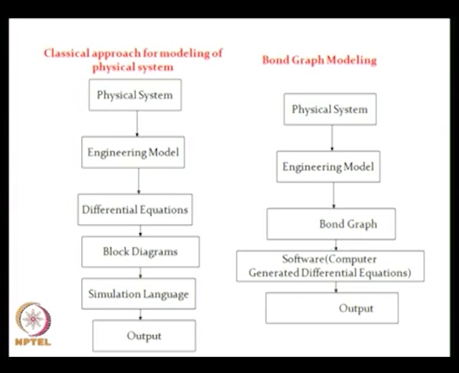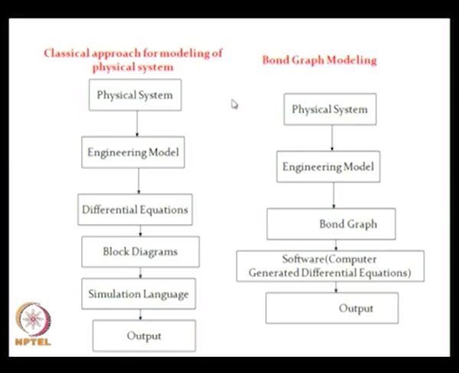As you can see here, in the classical approach for modeling, we start with the physical system and then we create an engineering model using some mathematical methods, or we convert it into a simplified and abstract model, and that is the engineering model. Then we write down the differential equations corresponding to that model, and then we use standard methods like block diagrams and a simulation language to simulate it and get the outputs.